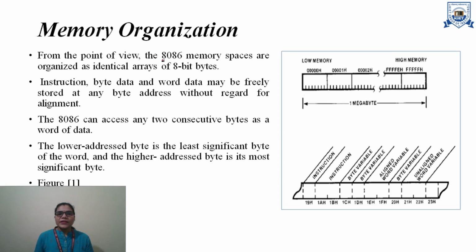In 8086, memory is viewed as an array of 8-bit bytes, a contiguous array of bytes. 8086 microprocessor supports 1 MB memory, and this 1 MB memory is organized as an array of bytes.